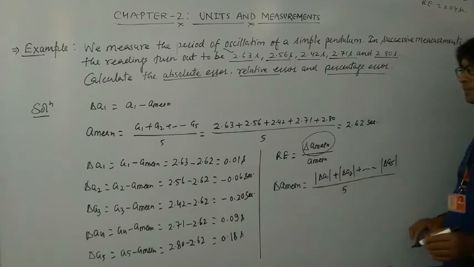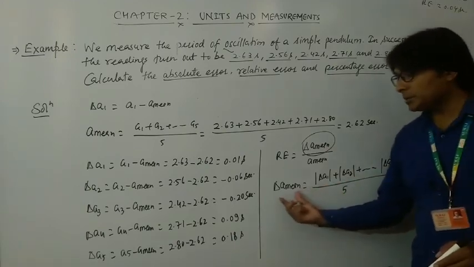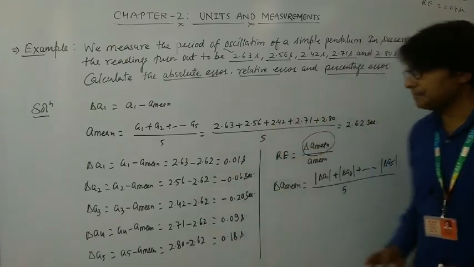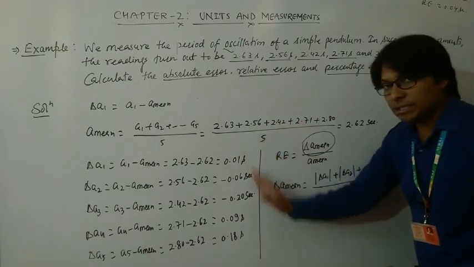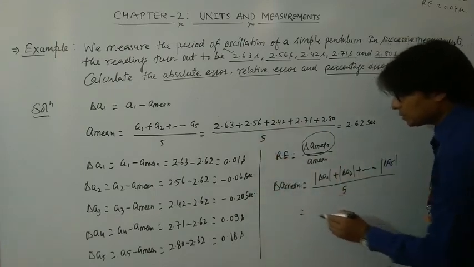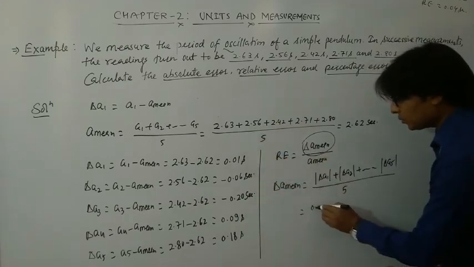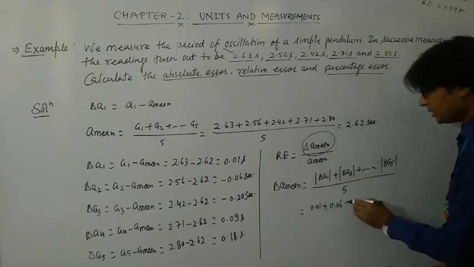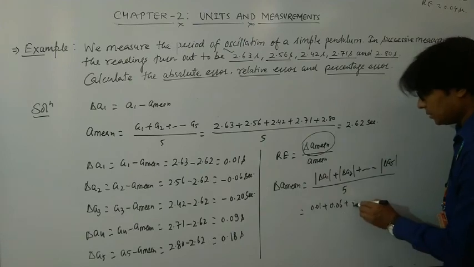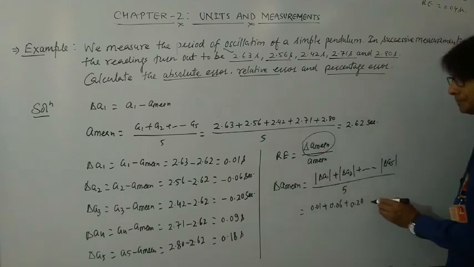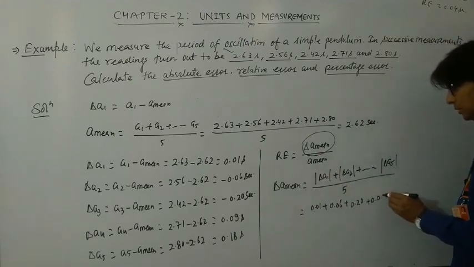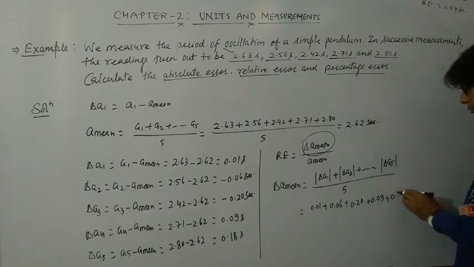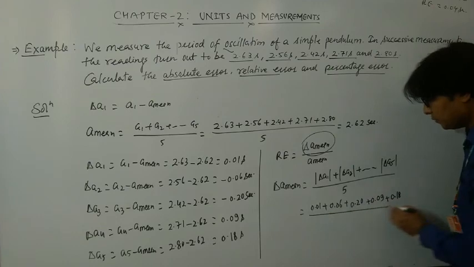This is how we calculate the mean absolute error, the mean of these absolute errors, and we will consider only the positive sign here. So mod of delta A1 will be 0.01, mod of delta A2 will be 0.06, then 0.20, 0.09, and the last reading is 0.18, divided by 5.